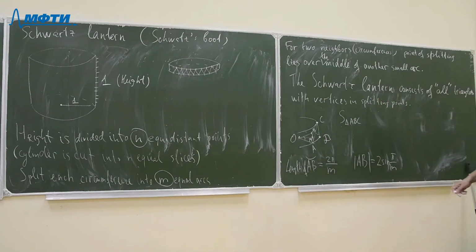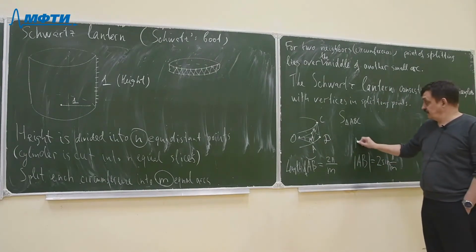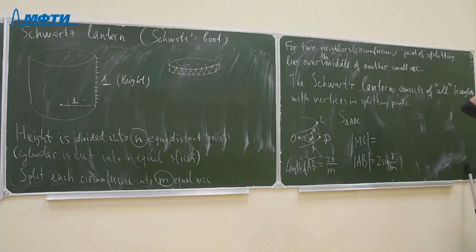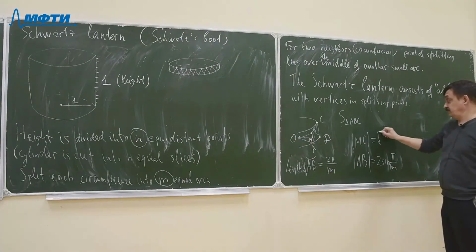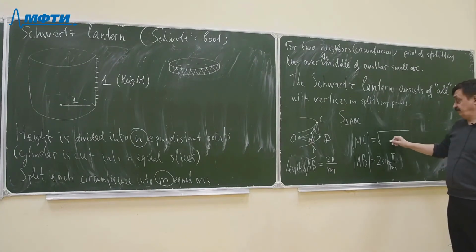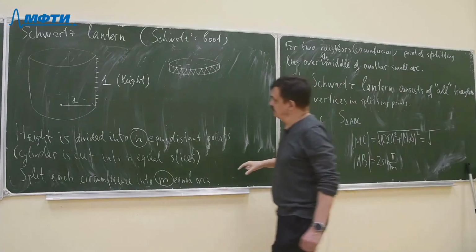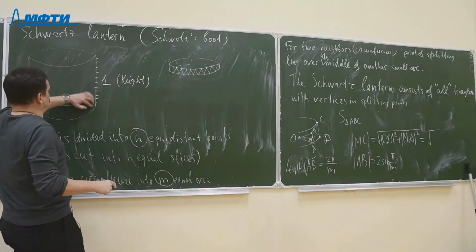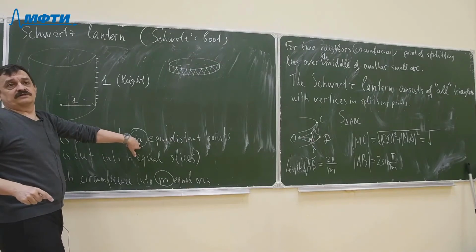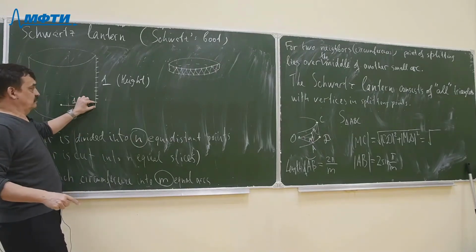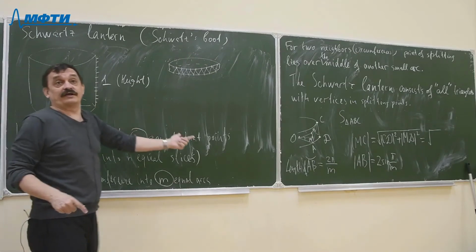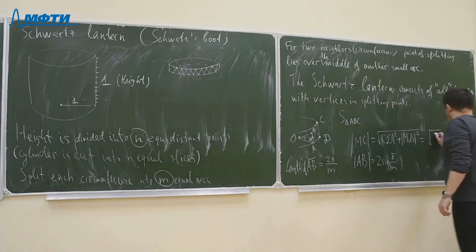So we need to compute also MC, right? The length of MC is, by the Pythagoras theorem, the square root of CD squared plus MD squared. What is CD? Let me recall: I divide the height into n equidistant points, so the height of one slice is 1 over n. So CD is 1 over n.